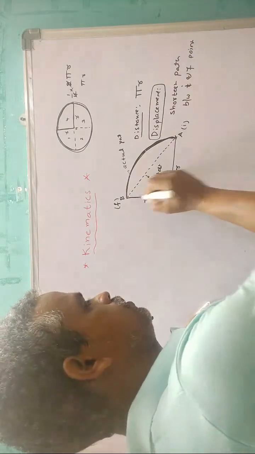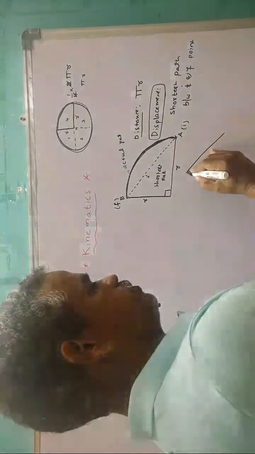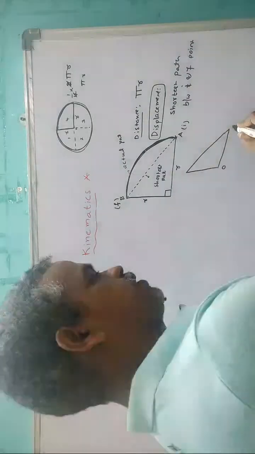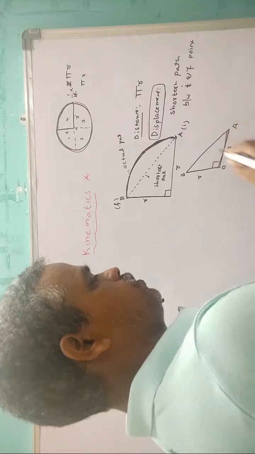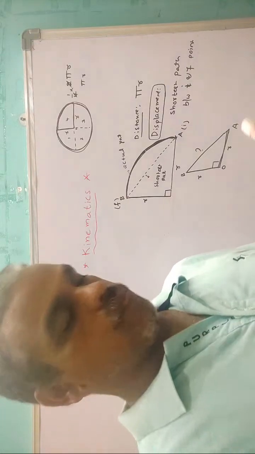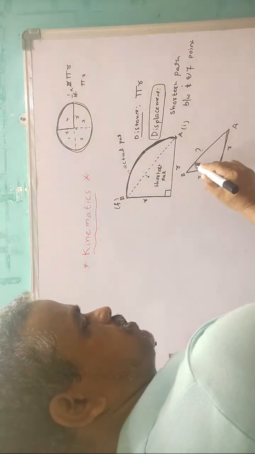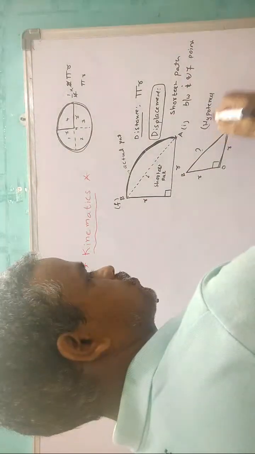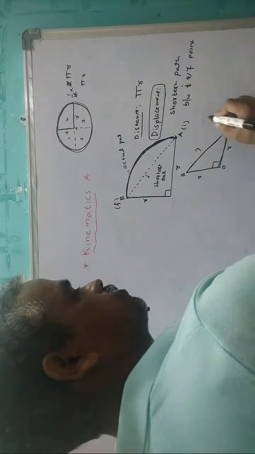Now this is a right angle triangle, so I am removing the actual path. Now I have this one: this is the origin, this point A, this point B, this is the radius r. Do you know Pythagoras law? This is a right angle triangle, so this hypotenuse, otherwise you can call it the diagonal.